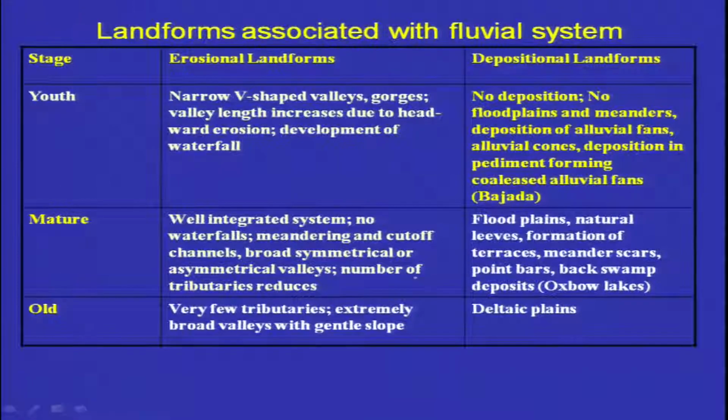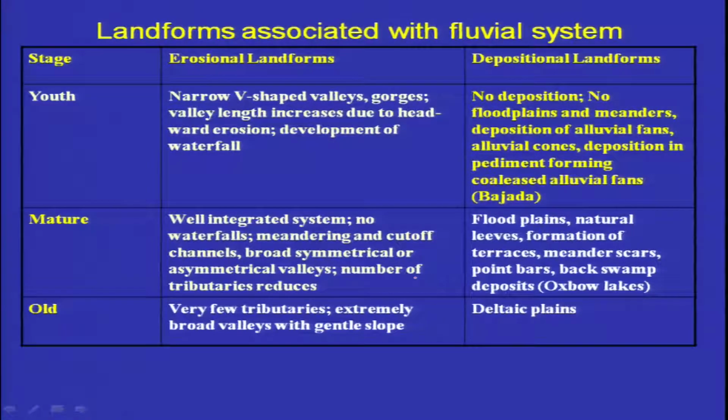Now if you consider the complete journey of a river channel from its origin to its mouth, then you will come across different landforms. As we have been talking about, erosional landforms and depositional landforms. So if a river is considered in the youth state, what type of erosional landforms will you come across?